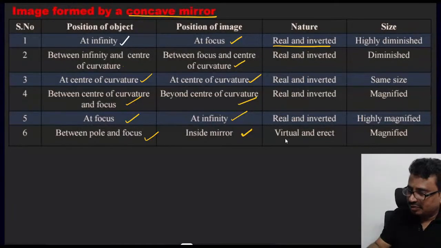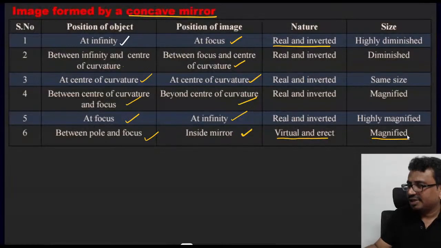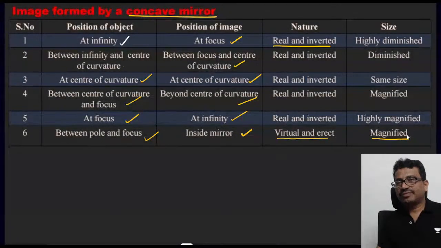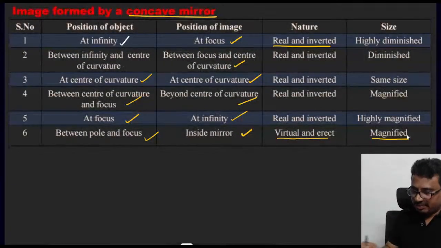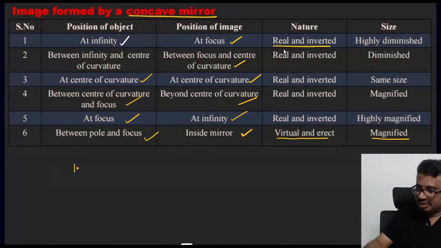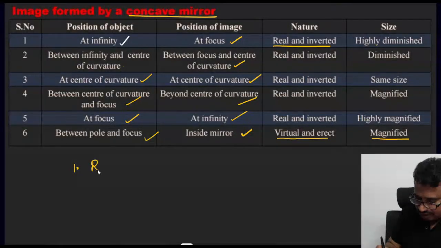And what type of image is this? Virtual, erect and magnified. So if you observe carefully, what types of images can the concave mirror form? It can form a real diminished image.